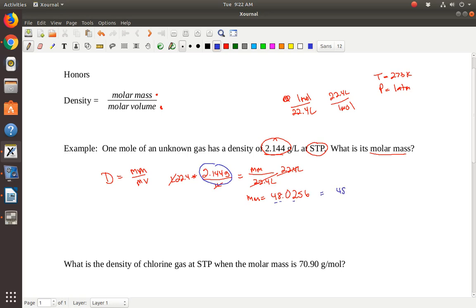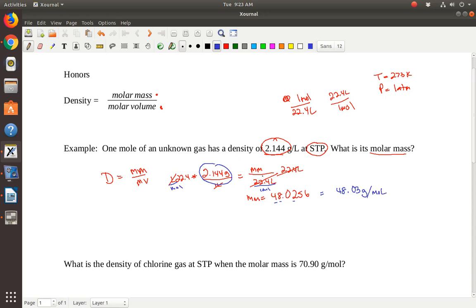So 48.03 grams per mole. Because this is over moles right here. So it's liters over moles. So the liters cancel, grams per mole. Right, so that's the molar mass of our unknown substance.